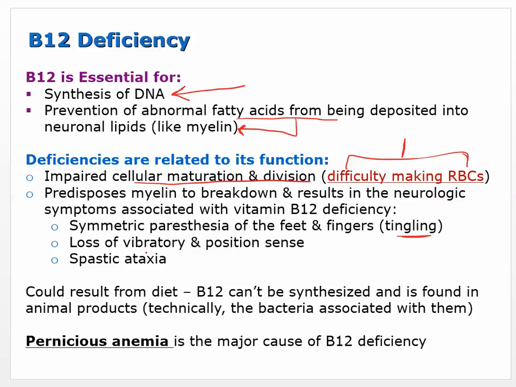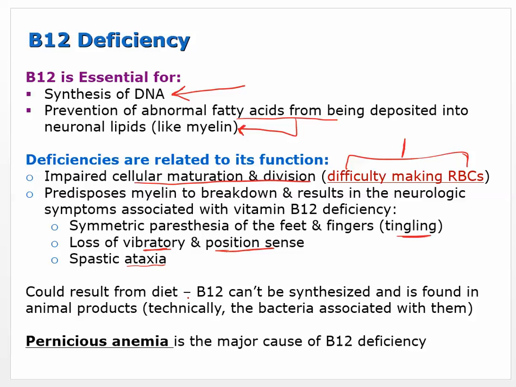So these are all neuronal. This is sensory position sense. That's where we know in what position our limbs are, and then spastic ataxia. So that's also involved in our inability to move or to move properly.